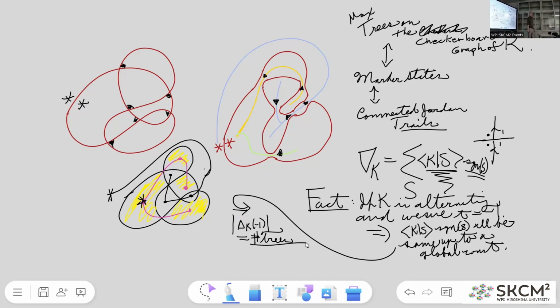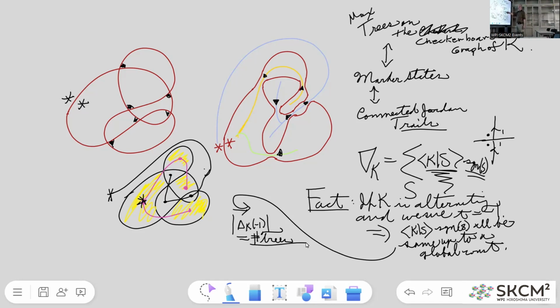So that's an outline of the proof of what I had told you a while back, that the total number of trees in the checkerboard graph is equal to the modulus, which is the Alexander polynomial at -1. So I'm skipping some steps here, but I wanted to give you an idea of where it lay and how it happened, that the trees would be related to such a thing.